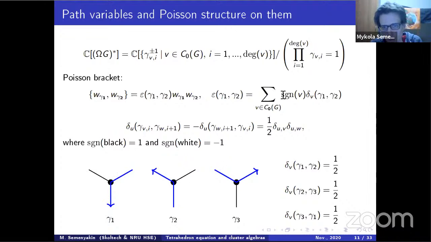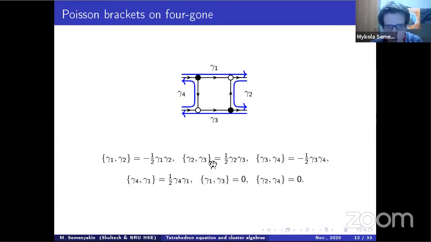And we also have sign +1 for black vertices and the opposite sign for white vertices. So in this example, pick gamma 1 and gamma 2, and they have one intersection vertex, this one. Gamma 1 and gamma 2 are properly ordered in the clockwise direction, and because the vertex is white, we have to add an additional minus sign.